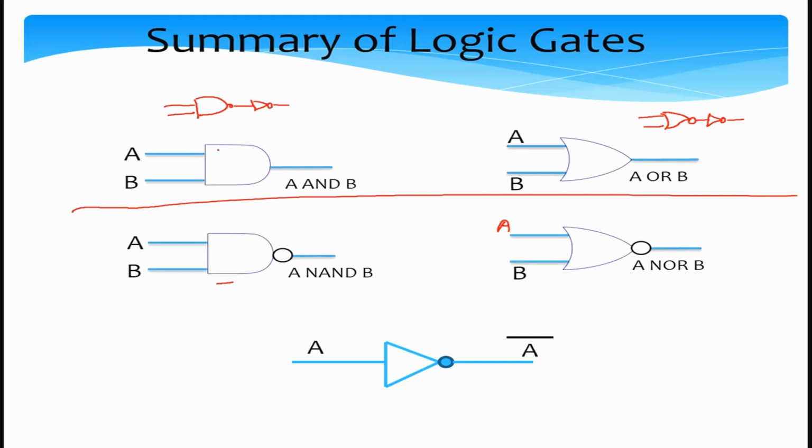The only difference between an AND gate symbol and an OR gate symbol is that in this case this line is straight and this line is curved, and also in an OR gate you can see an additional curvature, like an arrow. So these are called basic logic gates: AND, OR, NAND, NOR and the inverter, of course. Let me write an inverter over here.